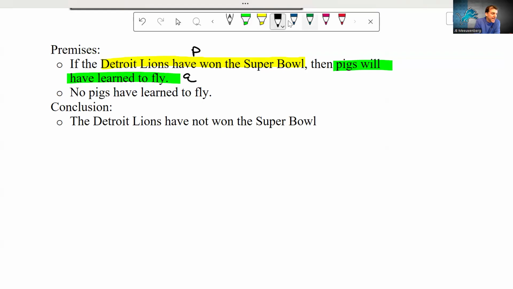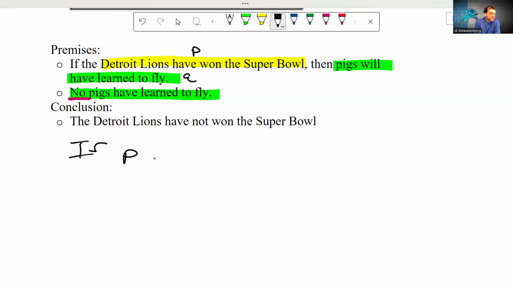No pigs have learned to fly. This is associated with Q, and it's also the negation of it. The conclusion drawn is the Detroit Lions have not won the Super Bowl. Is that valid or not? And why? Well, what do we have? Here's what I read.